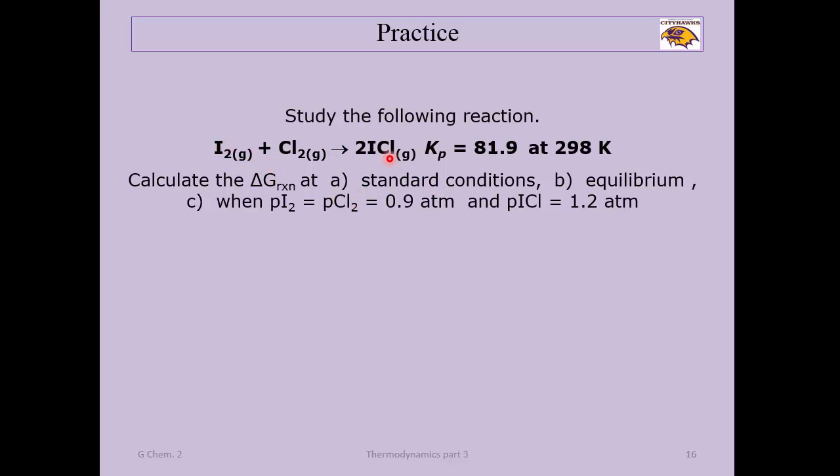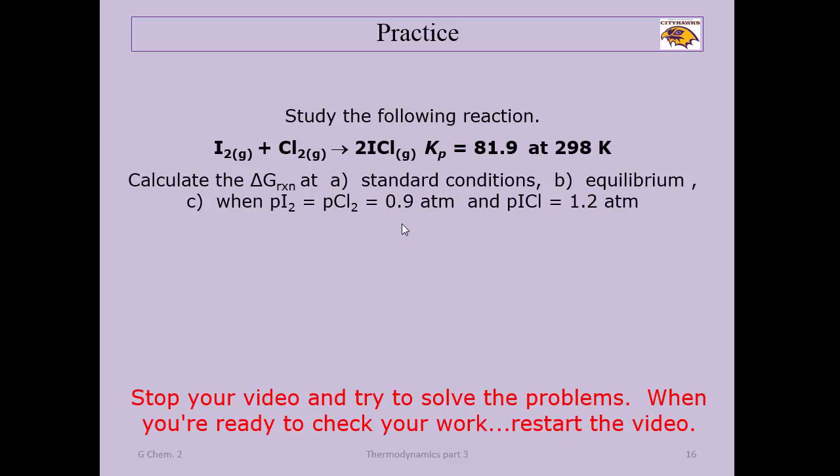If we start at standard conditions of 1 all the way across, and I start losing some iodine pressure down to 0.9, which meant I lost 0.1 atmosphere, and this must have gained twice that much, or 0.2 atmosphere, can you calculate what the free energy is under these partial pressures? So stop your video, try and solve the problems. When you're ready to check your work, restart the video.